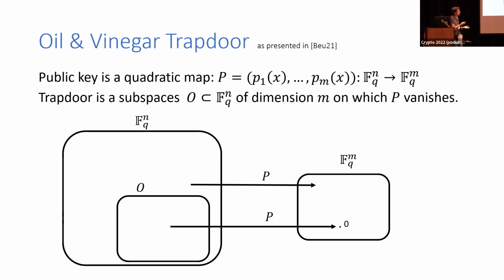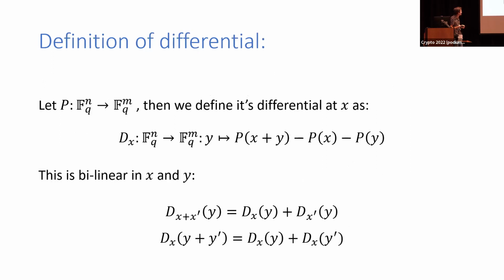Right. So this you can do. So the question is, how do you use this trapdoor information to actually sample pre-images? And before I explain that, I need to introduce this definition. So if you have our multivariate map P, we can define its differential at some point x.